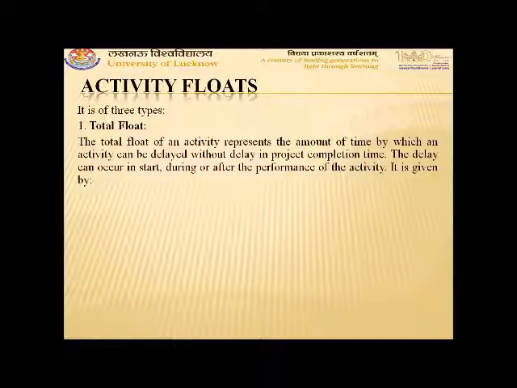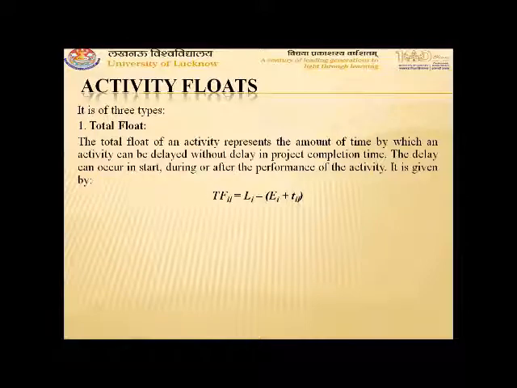At any place we can delay the activity without affecting the project completion time. The total float is given by TFIJ is equal to LJ minus EI minus TIJ, for the activity represented by events I and J.